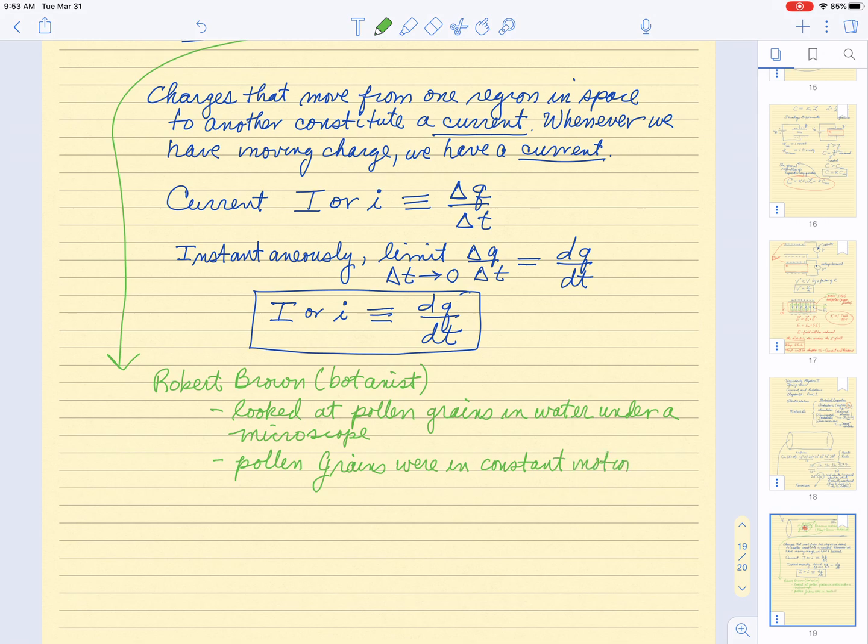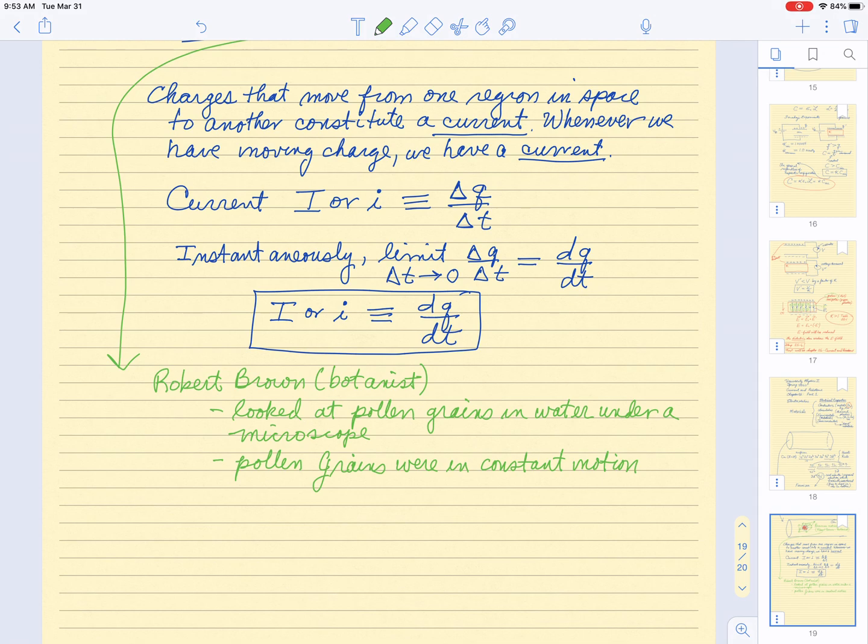And he had a hard time explaining that because if they were in water, say in a little puddle of water on a slide, it was hard to imagine that the water was in motion because the little puddle of water looks pretty still to the human eye. But he noticed that these pollen grains were in constant motion.